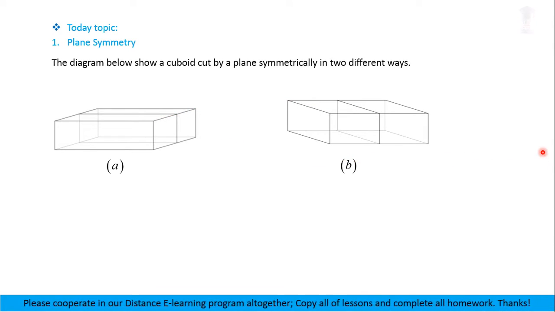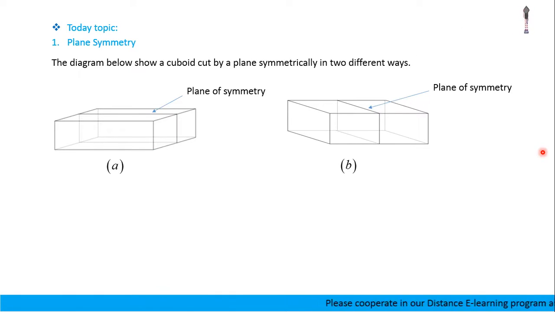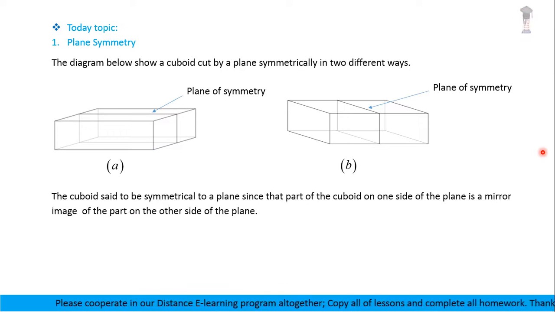Okay, so the 2 planes in the middle which cut here we call plane of symmetry. The cuboid is said to be symmetrical about a plane when the part of the cuboid on one side of the plane is a mirror image of the part on the other side of the plane.